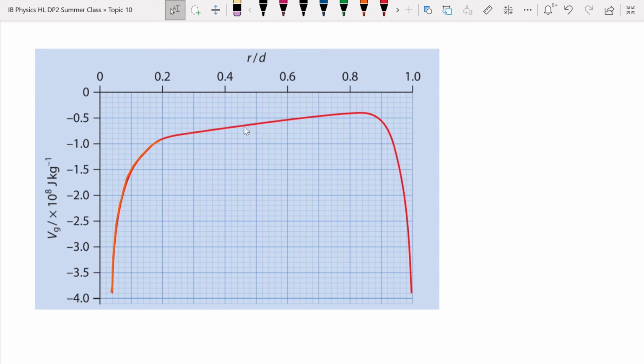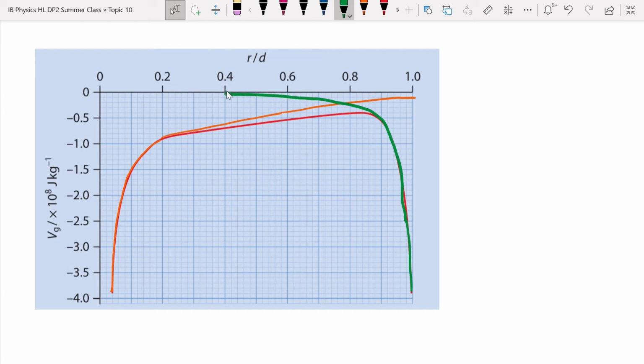Just a second. Let me draw this again. If you draw only the potential due to the moon, I'll draw this in green, it probably looks something similar to this, and then it goes like that.